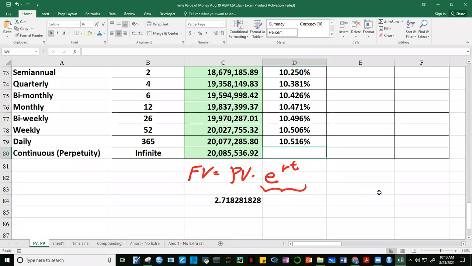For continuous compounding, so this should be the compound rate. R is equal to, lang guys, we're computing for R here.